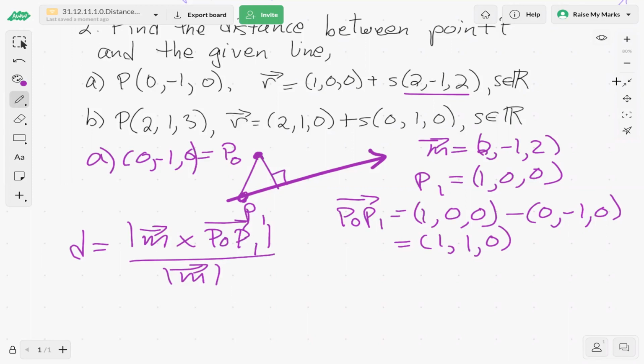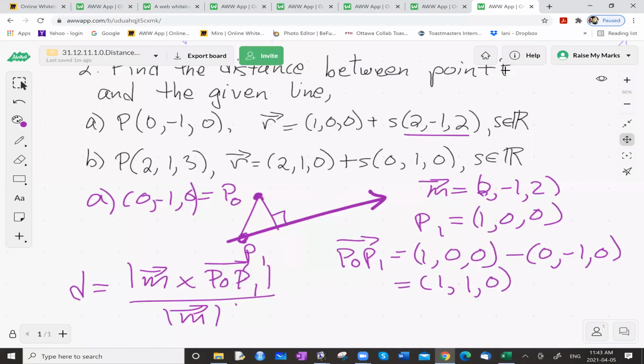So why don't we find this cross product m with P0P1 and see where we end up. Let's take a moment. Okay, so we're back.